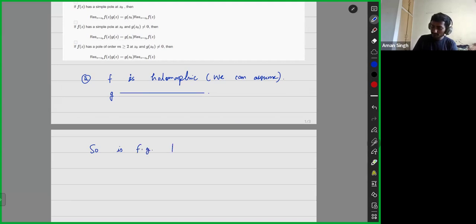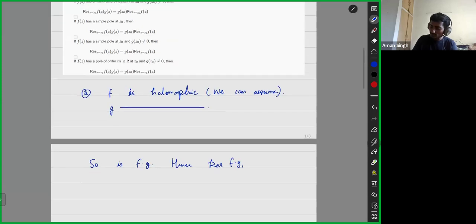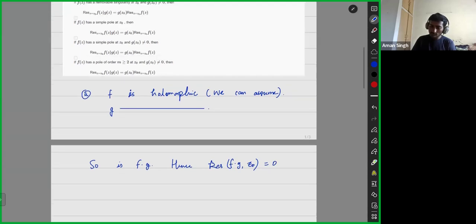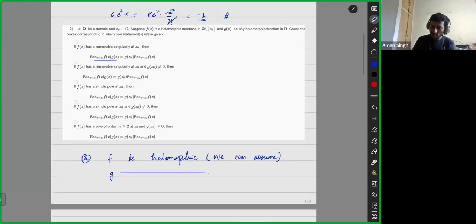Hence, residue of f into g at z naught will be zero because there are no negative degree terms in the Laurent series expansion for holomorphic functions. So on the left side we are getting zero. f into g is holomorphic, so the residue is zero. On the right side, what we are getting? Residue of f at z naught.